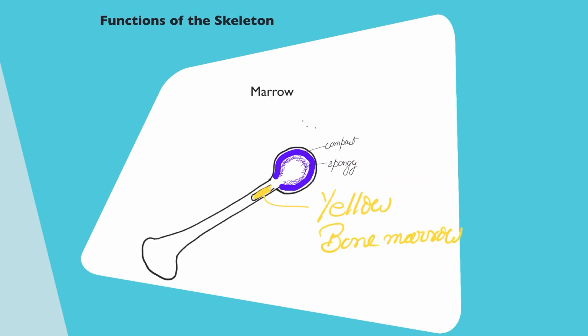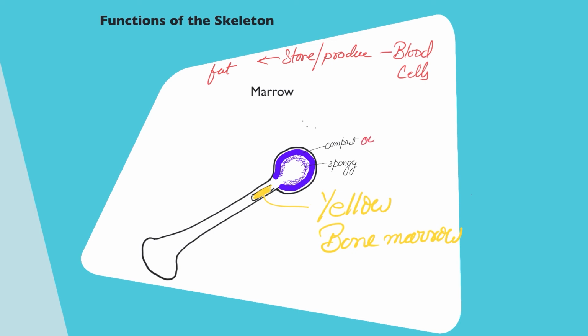The last but not the least is the function of the bone by which it can store fat and produce blood cells. Now, your bones have two layers.